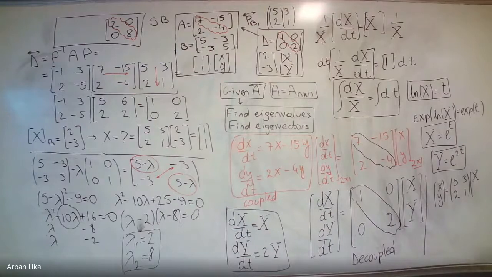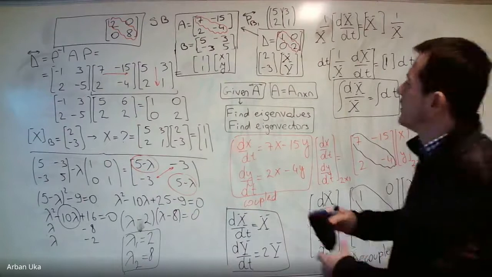The transformation matrix. Exactly. We can substitute what we know, e to the power t and e to the power 2t. Okay? So then what is x and y?